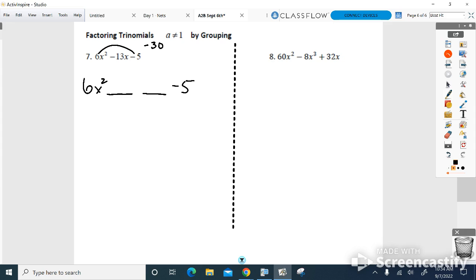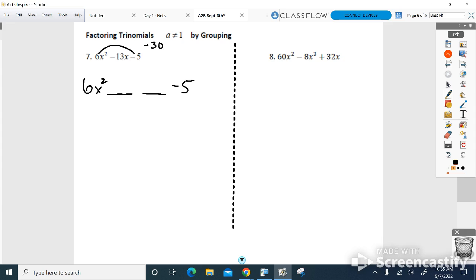How? We've played this game before. In your mind right now, think of 2 numbers that multiply to the -30 you got, but at the same time add to give me what in the middle? -13. So start grinding away in your head or your calculator. Can you write down 2 numbers in these blanks that multiply to -30 but add to -13?